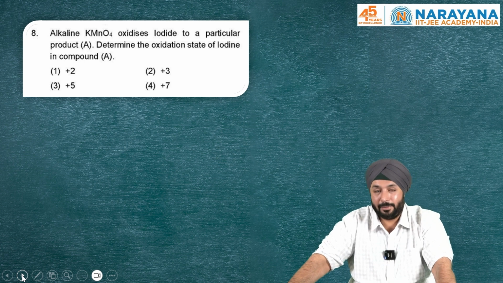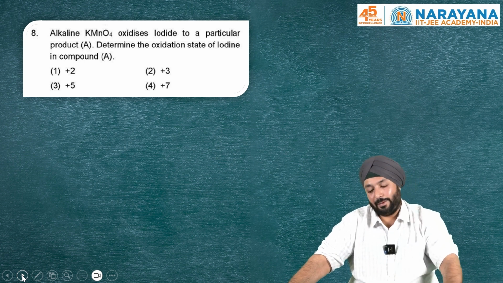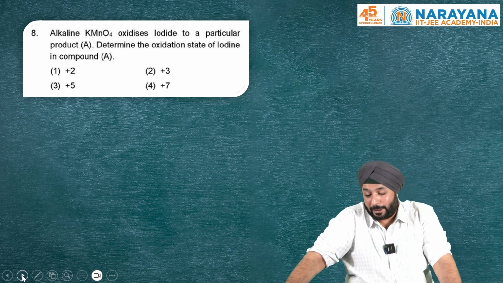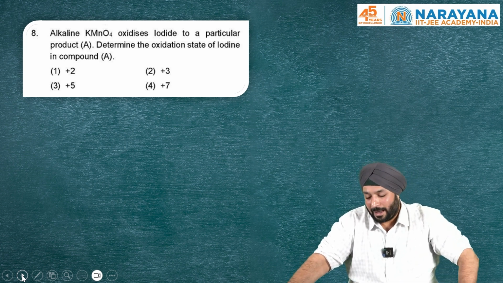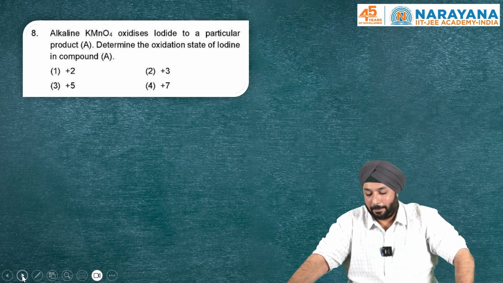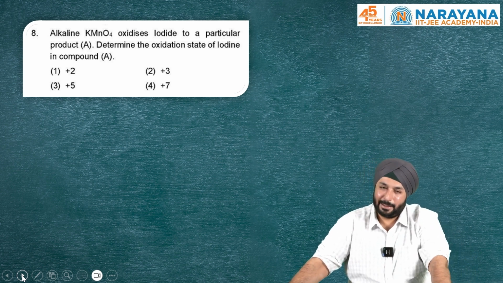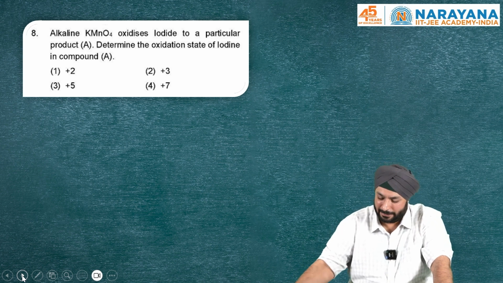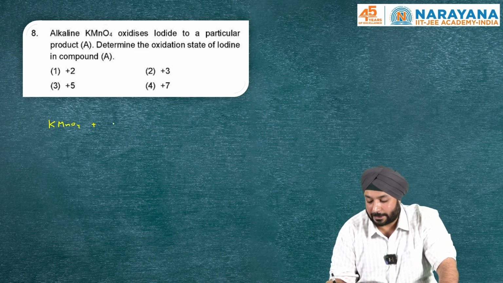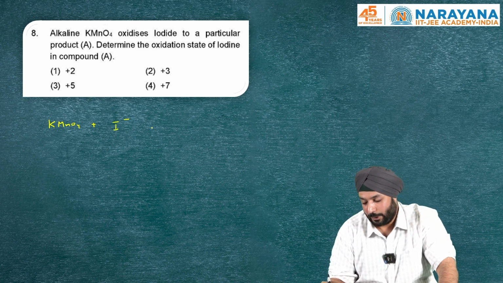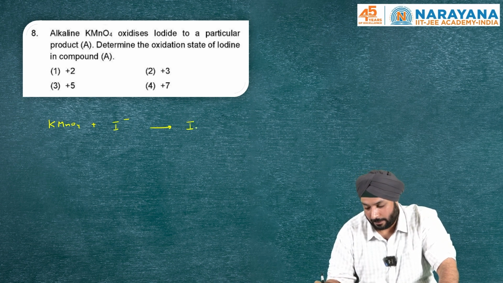Now in question number 8, alkaline KMnO4 oxidizes iodide to a particular product A. Determine the oxidation state of iodine in compound A. Now listen, this is a very genuine question, which is a very standard question. Whenever you have KMnO4, you know that KMnO4 is actually an oxidizing agent, which will oxidize I minus to iodine and Mn2+.